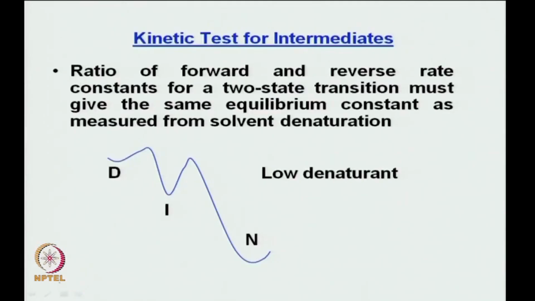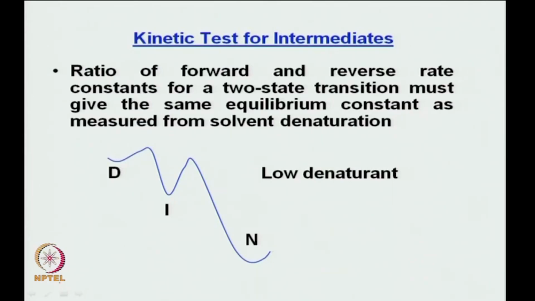Okay. Now, this is the last thing we do today, the kinetic test for intermediates. I will go through it quickly. Now, in some cases, if you are looking at this free energy profile, you are going from the denatured state D, to the intermediate I, then to N. Now, the intermediate has a lower energy than the denatured state, that means the intermediate is more stabilized than the denatured state.